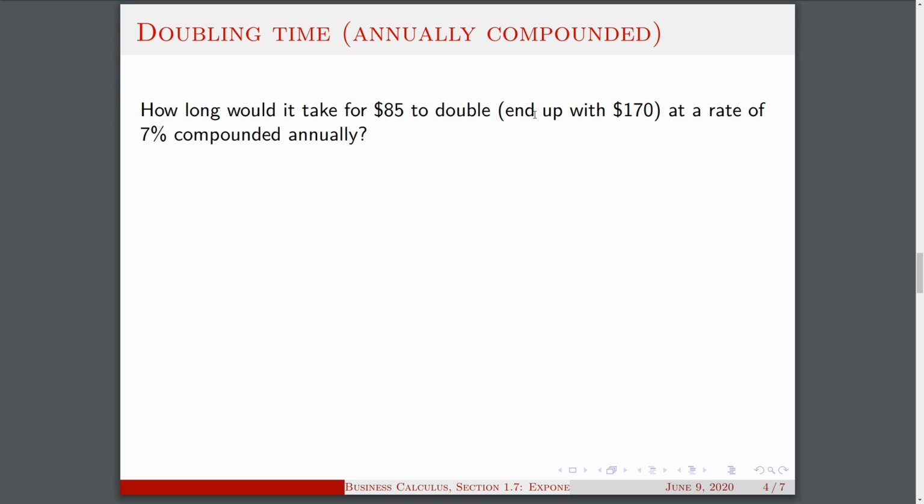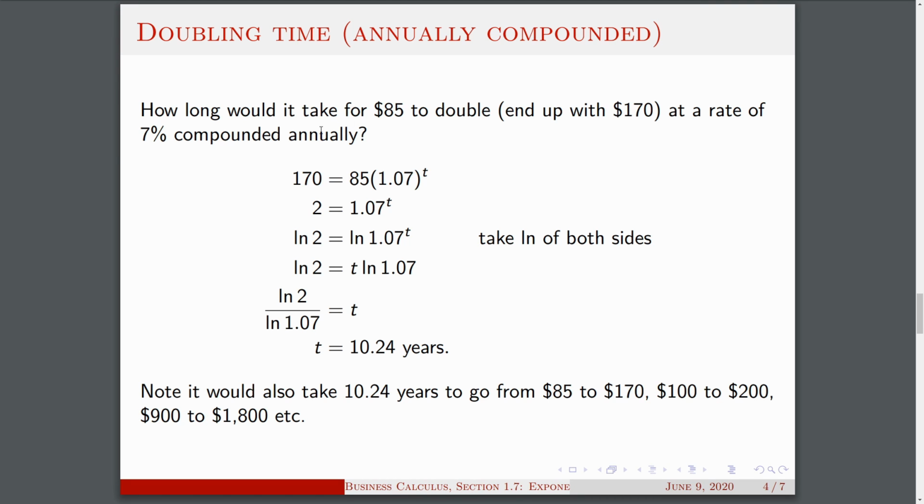That means that we end up with $170. And what's given to us is that our account is going to increase at a rate of 7%, compounded annually. I do not see the word continuously, so I know that I need to use the form with a to the t in it, right? Not e to the kt.